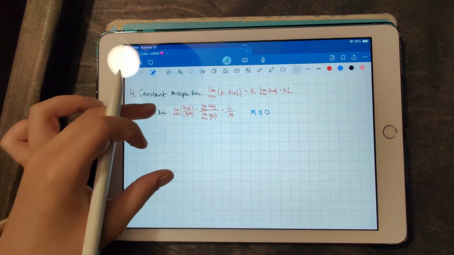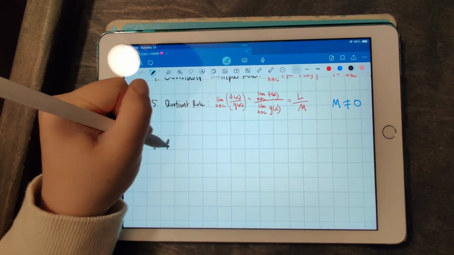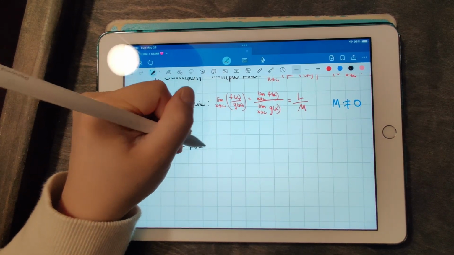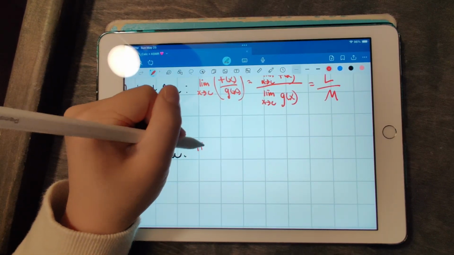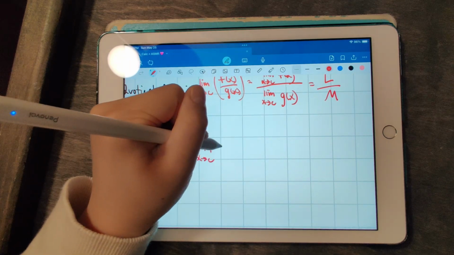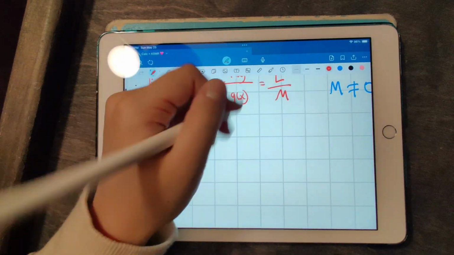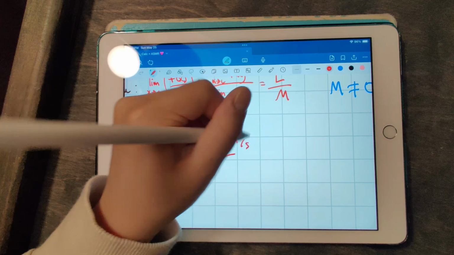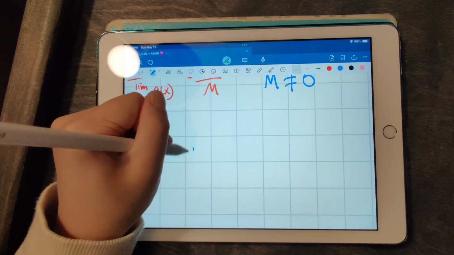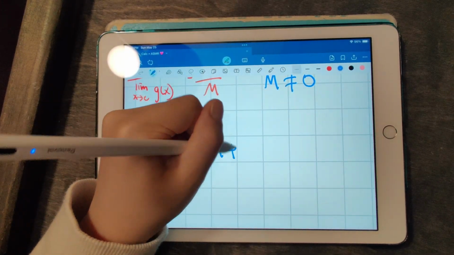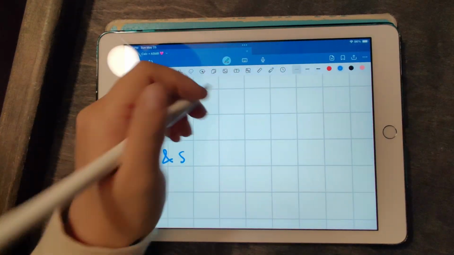And lastly, we also have the power rule. What the power rule states is that the limit as x approaches c of f of x to the power of r over s is equal to L to the power of r over s, given that r and s are integers.